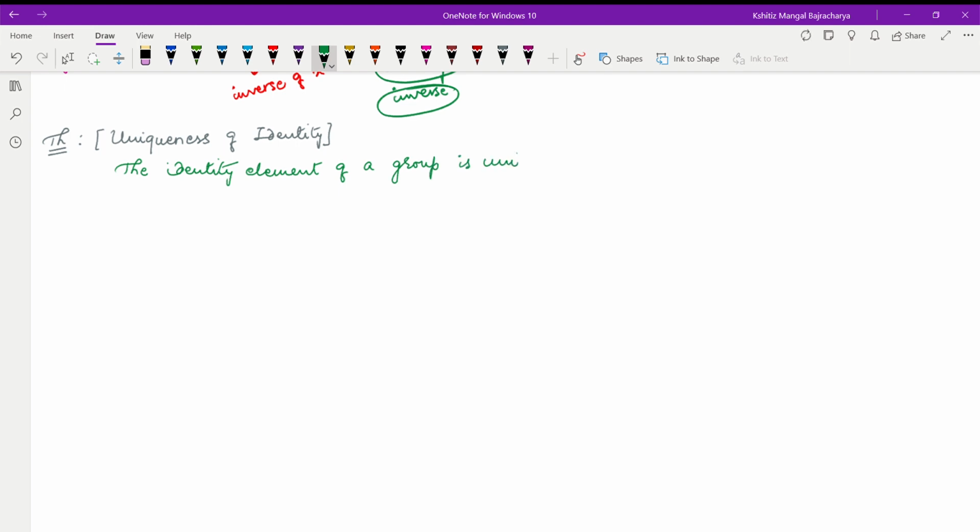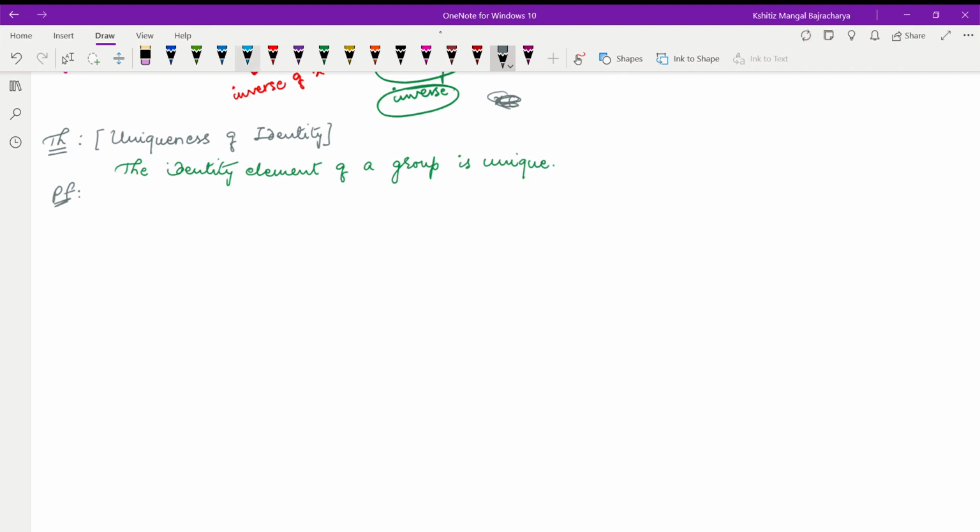We call it an identity element of a group because the value of the identity element does not depend on the element of the group that we're considering.